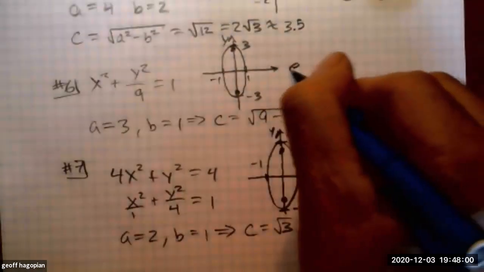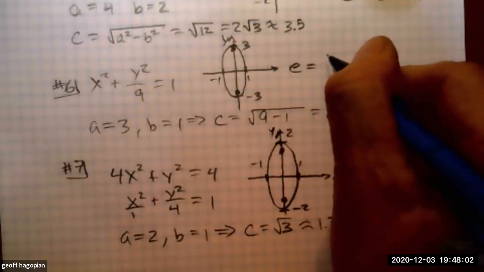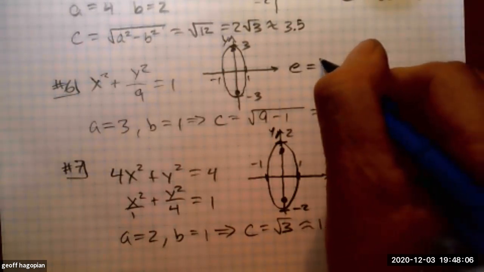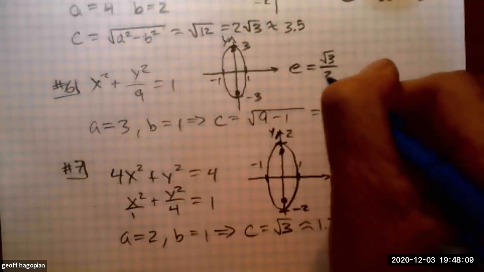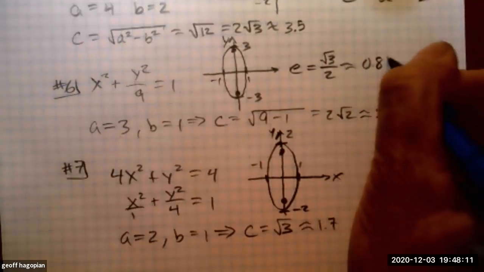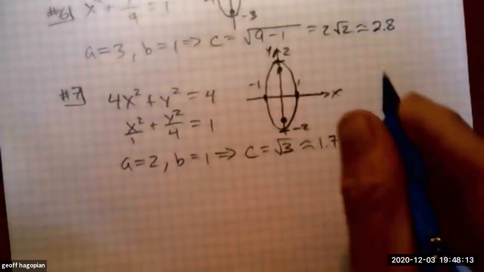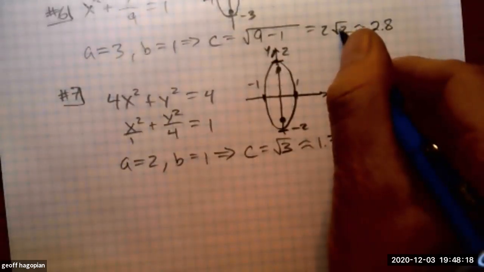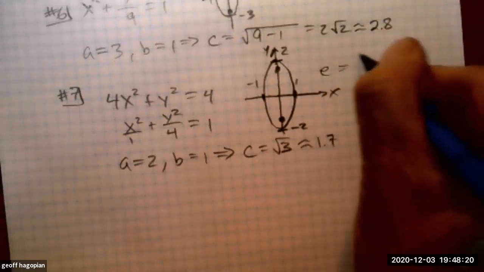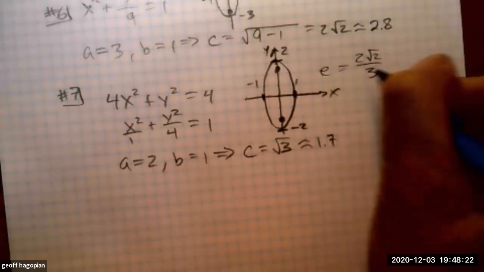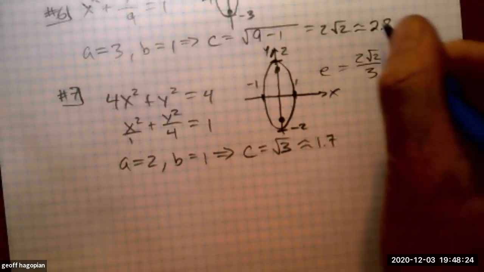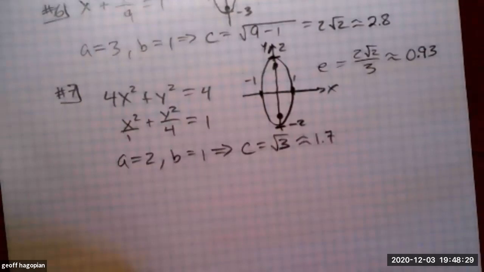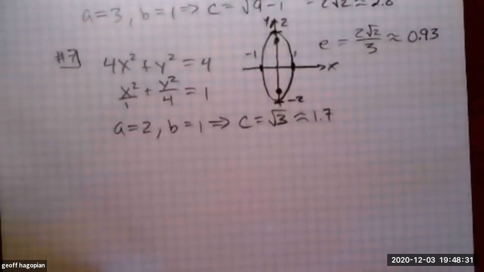The other one has the same eccentricity. And here the eccentricity is twice square root of 2 over 3, which is going to be about 0.93, something like that. Even more eccentric.